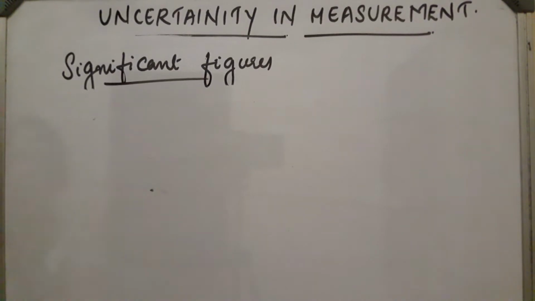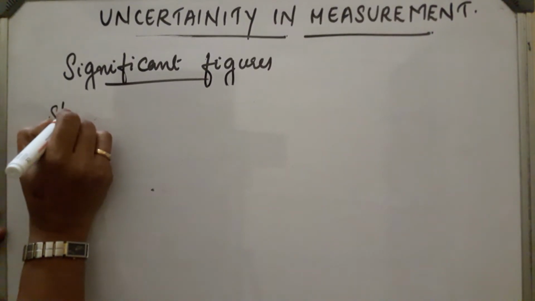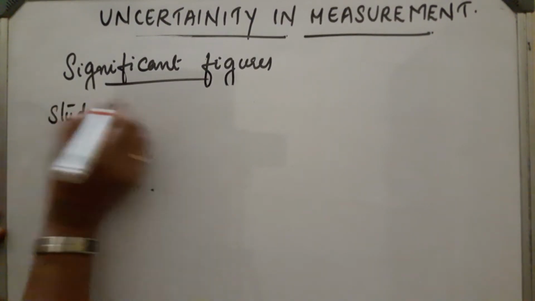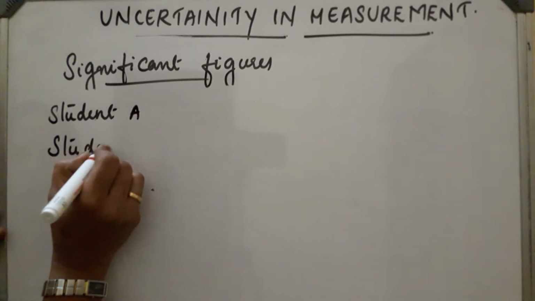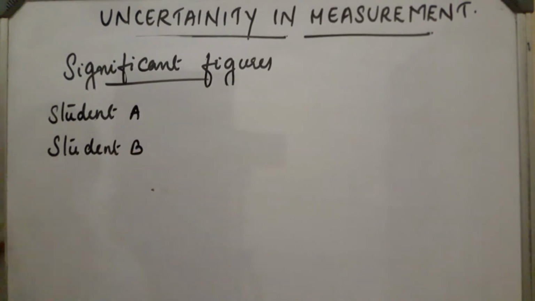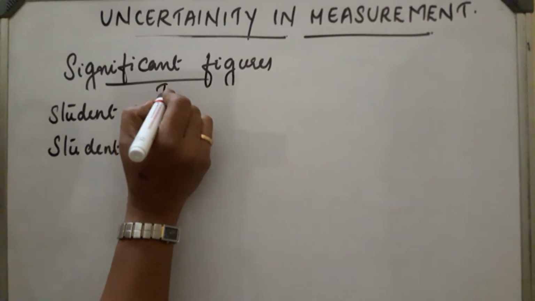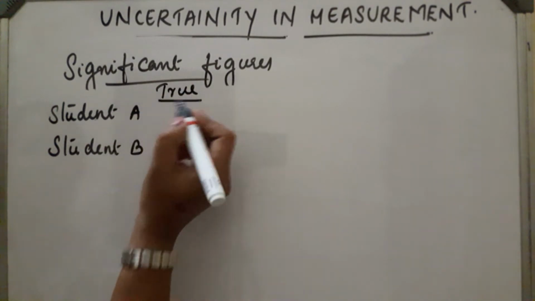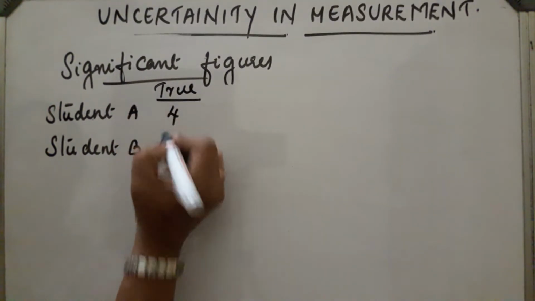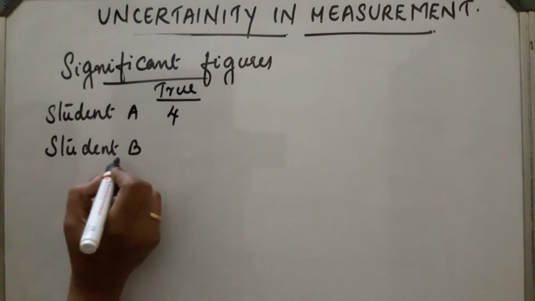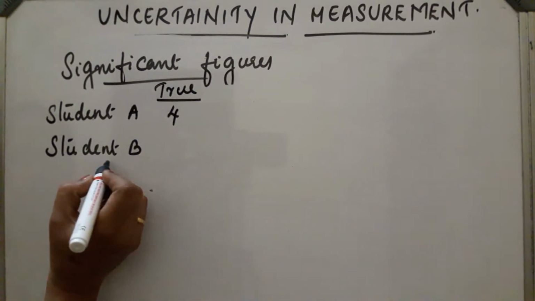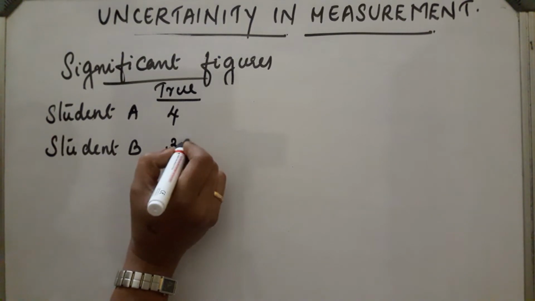Now let us take one example so we can easily understand precision and accuracy. Let us take two students, student A and student B, doing an experiment. The true value of the experiment done by A is 4 and the true value of the experiment done by student B is 3.5.